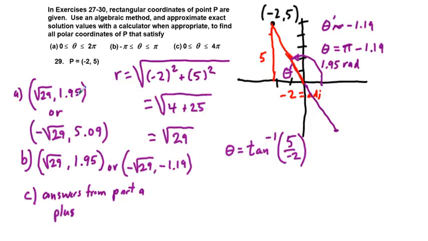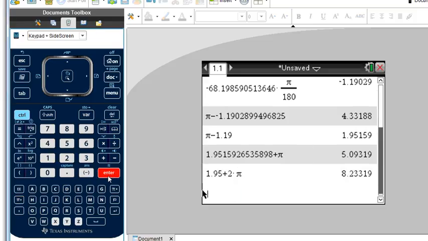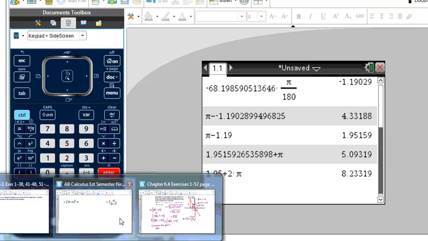So we're going to take the 1.95 plus 2 pi. So we're going to get 8.23. So it's going to be 8.23 right here.